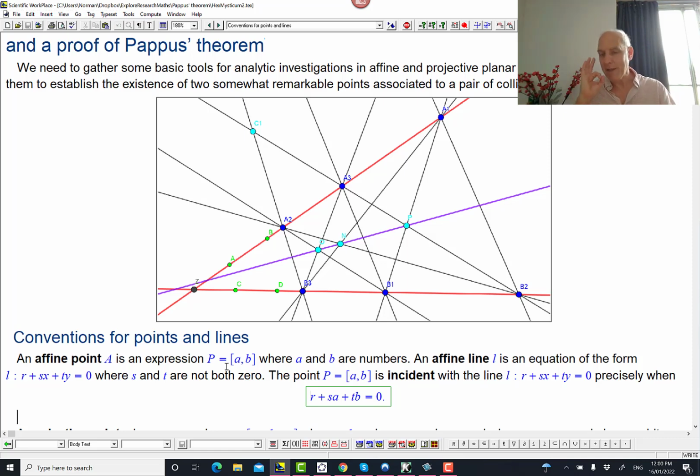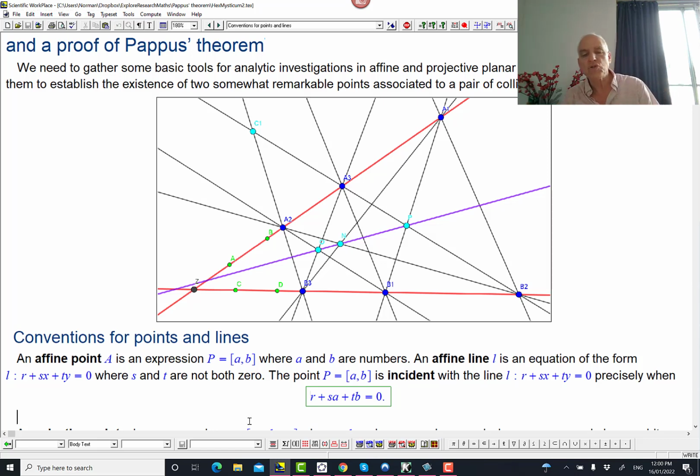Correspondingly, an affine line is an equation of the form, L is the name. The equation is R plus Sx plus Ty equals 0, where S and T are not both 0. And this is to be regarded as an equation in X and Y. That's a familiar equation of the line. Note that an affine line is not for us a set of points. Okay, it's actually an equation.